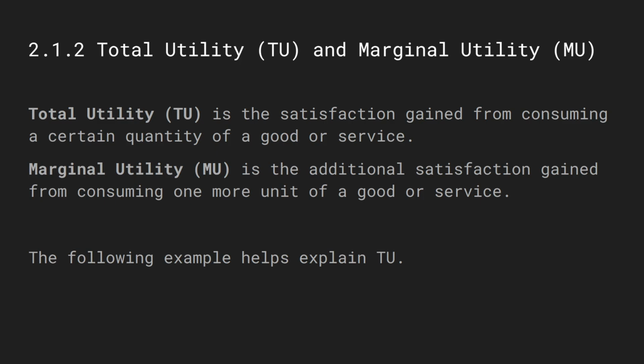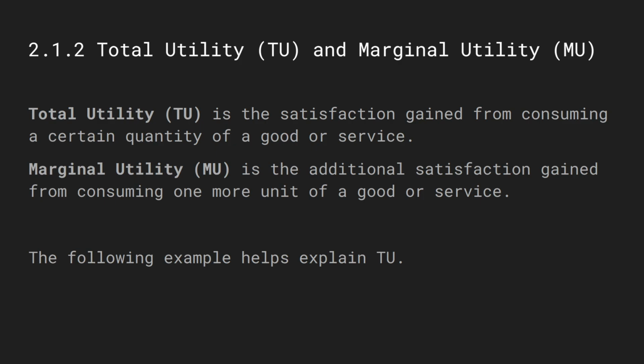So what does it mean by consuming one more unit of good or services? In the previous example of the pizza slice, we have seen that after eating one more slice of pizza, how our satisfaction level goes down. And this is called marginal utility.